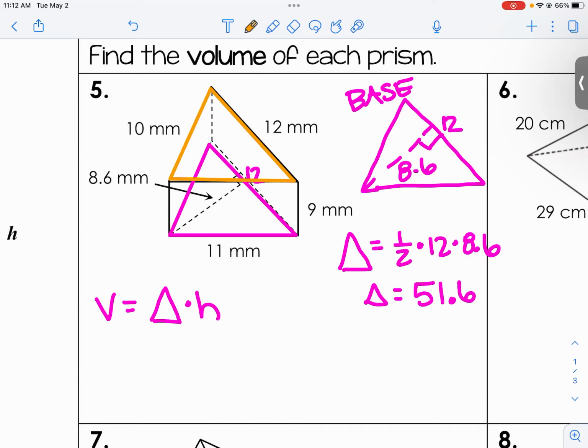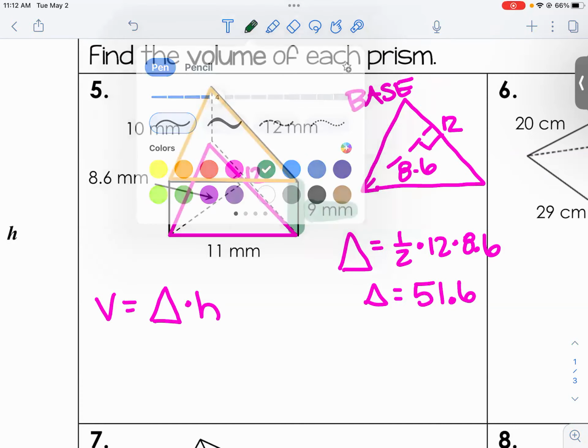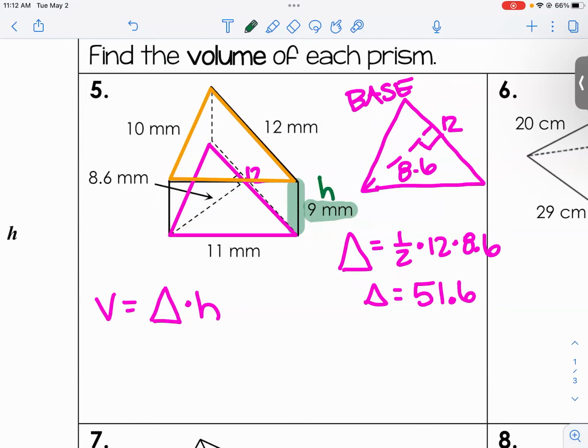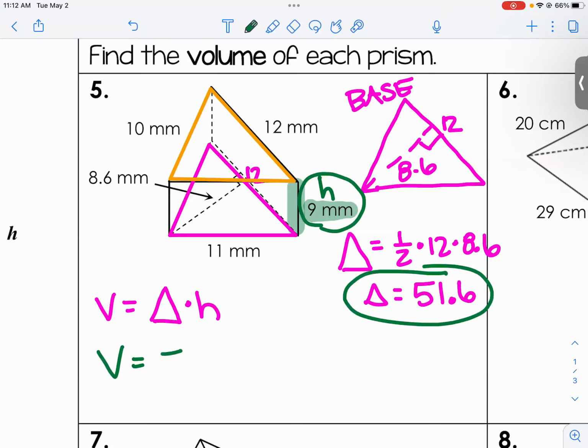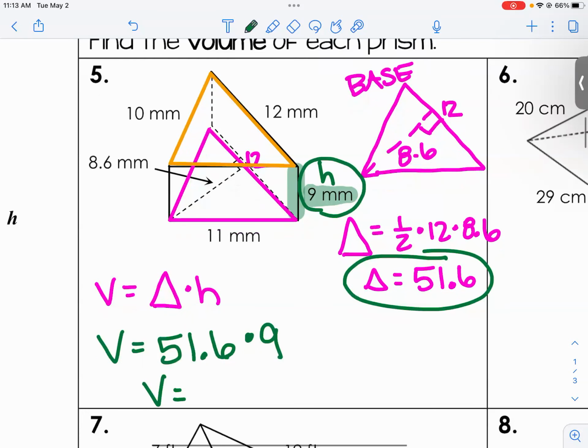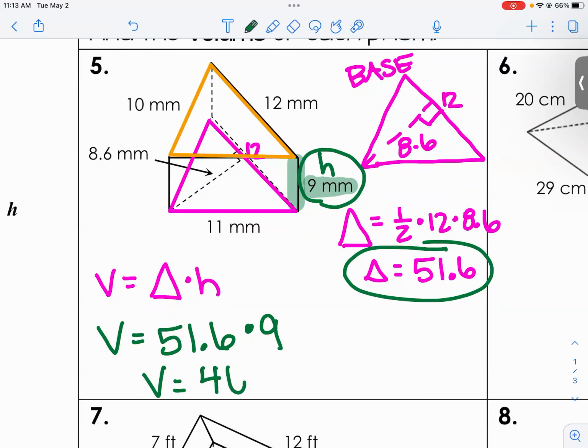Is it 9? Okay, 9. That is our height. Okay, so our height is 9. So here is our height. Here is our triangle. So we're going to take 51.6 times 9. And now we are going to label our millimeters cubed.